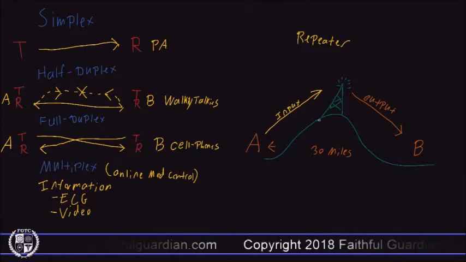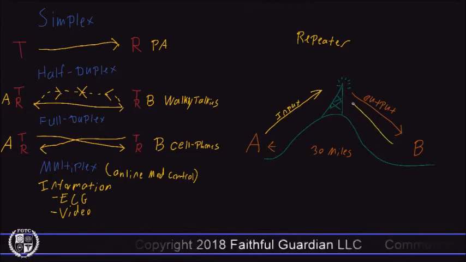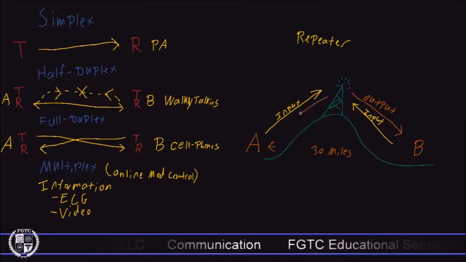So whenever person B tries to send their message, that's going to go in. Again, this is going to be the input. And then whenever this one sends that message back to person A, it's going to be on the output frequency. And that's how they communicate.